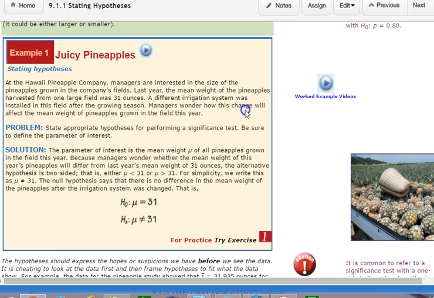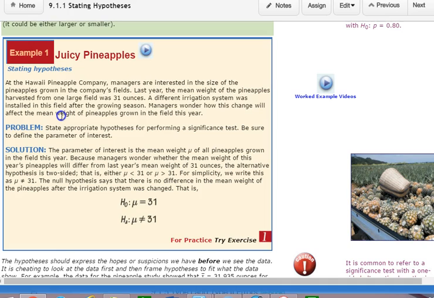Last year, the mean weight of the pineapples harvested from one large field was 31 ounces. A different irrigation system was installed in this field after the growing season. Managers wonder how this change will affect the mean weight of pineapples grown in the field this year. In other words, they're not wondering if it's better or worse, they just wonder if it's different.